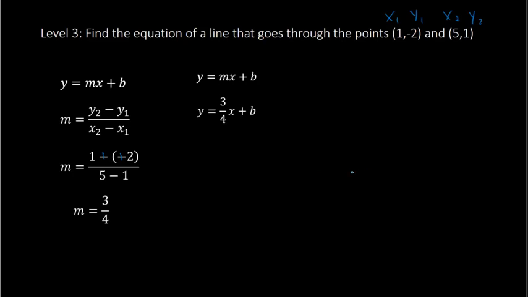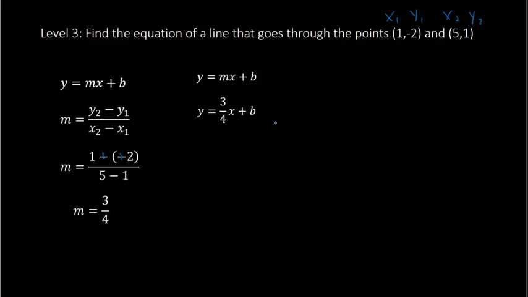At this point, this is exactly the same kind of question as a level 2 question, because here we know the slope and we're trying to find the y-intercept. What we did with level 2 was we simply used a point and plugged it in for x and for y, and we used that to find b.